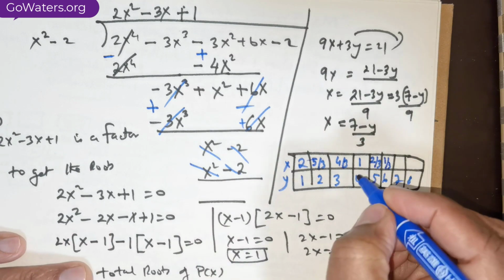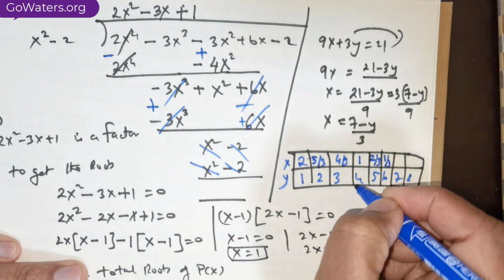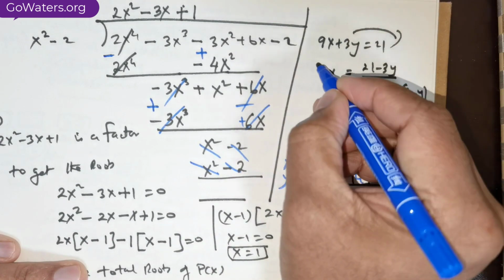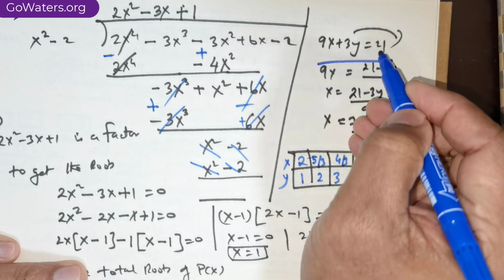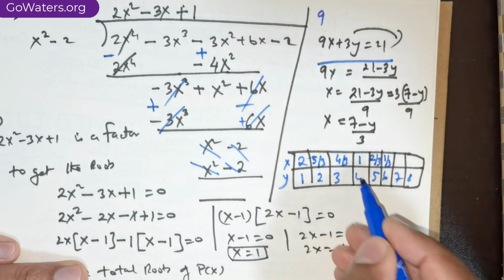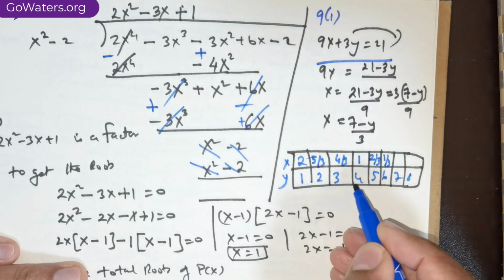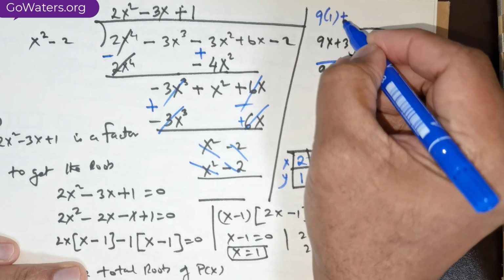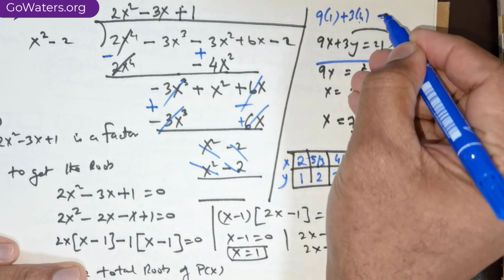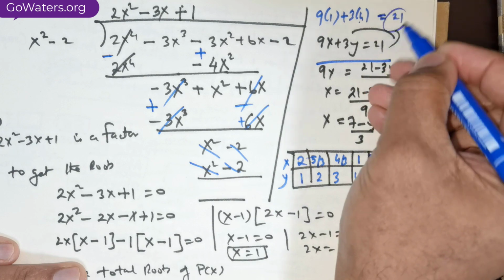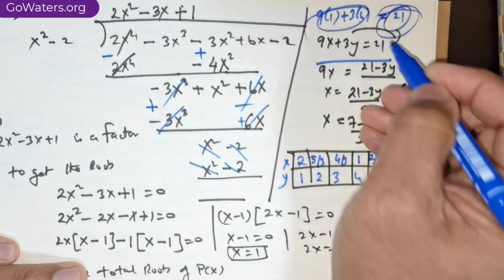Now take this value 1 and 4, substitute it here. So if you substitute the value for x and y, you should get the right hand side, right? So x value is 1, y value is 4, plus 3 times 4. So what do you get? 3 4s are 12. 12 added with 9. What do you get? You get the right hand side, right? So left hand side is equal to right hand side.